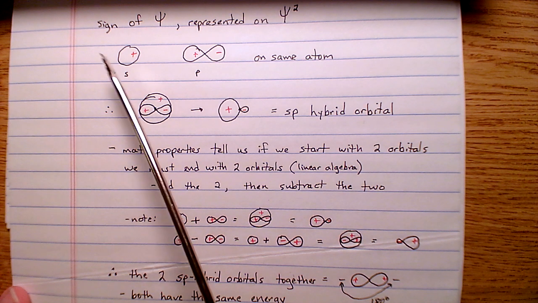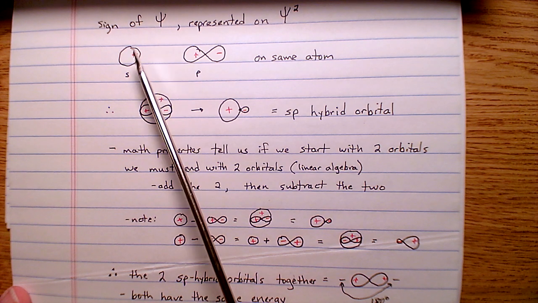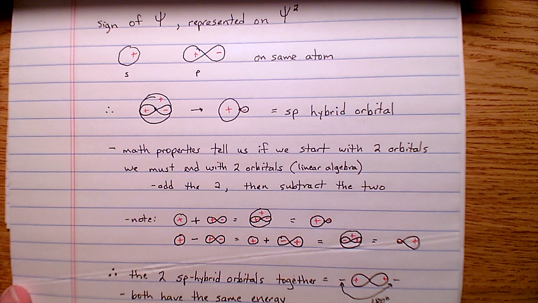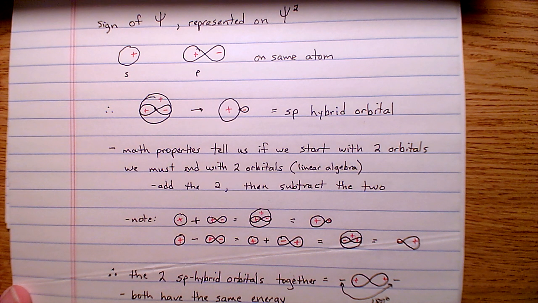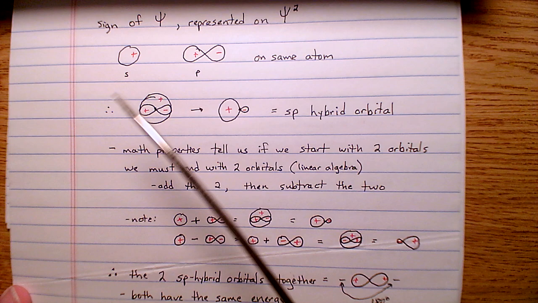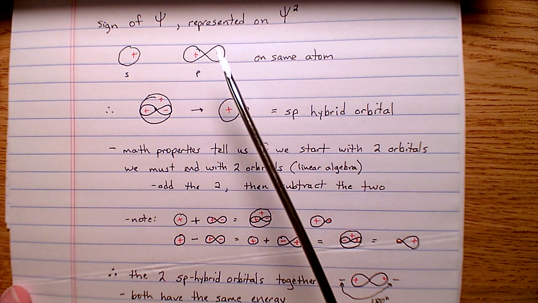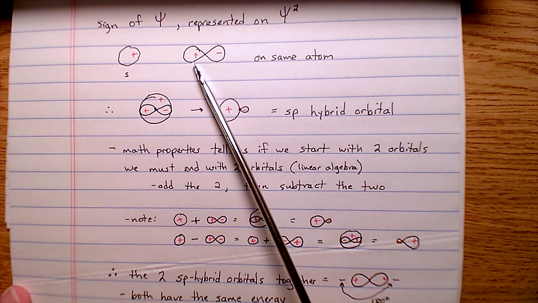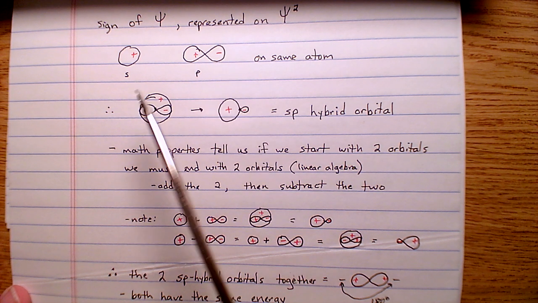When we look at this, we find that for the s orbital, the sign of the wave function itself is always positive. There are no negative signs in the mathematical expression for the wave function of an s orbital. However, when we look at the mathematical expression for a p orbital, it has negative signs and positive signs. Some of the wave function has positive signs to it, some of the wave function has negative signs to it.